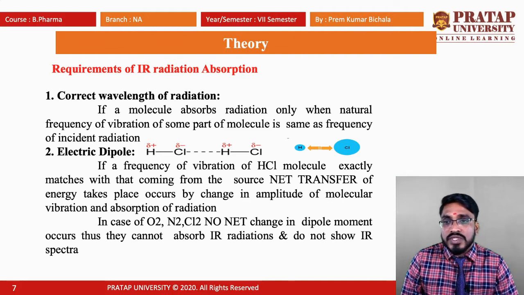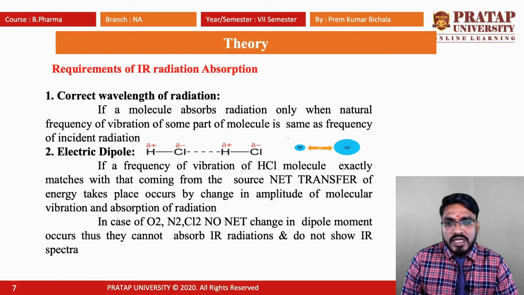The first one is the correct wavelength of radiation. We should choose the wavelength of the radiation which is compatible with the sample we are going to analyze. A molecule absorbs radiation only when the natural frequency of vibration of some part of the molecule is the same as the frequency of the incident radiation.